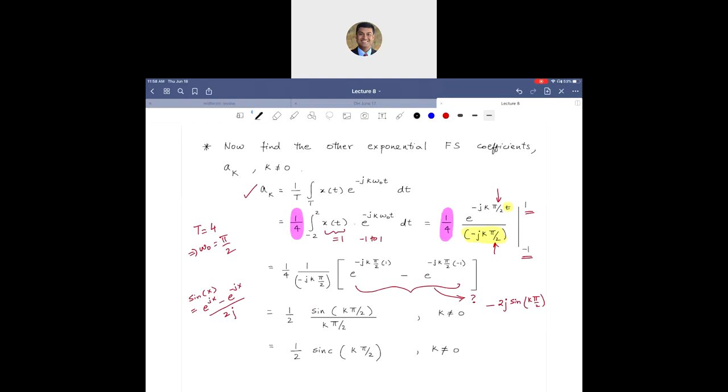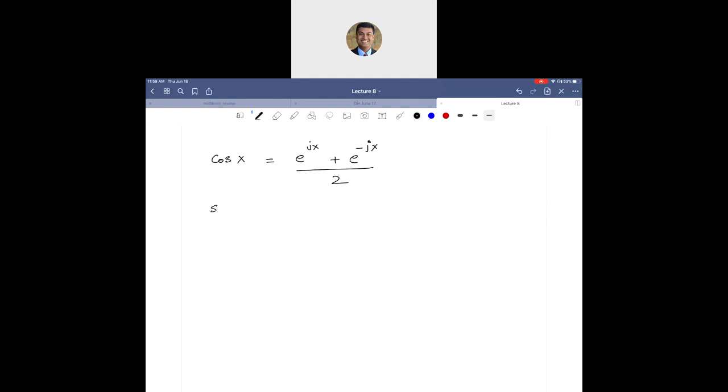Wait a second. Yeah. And then sine x. Yes, it follows Euler's formula.